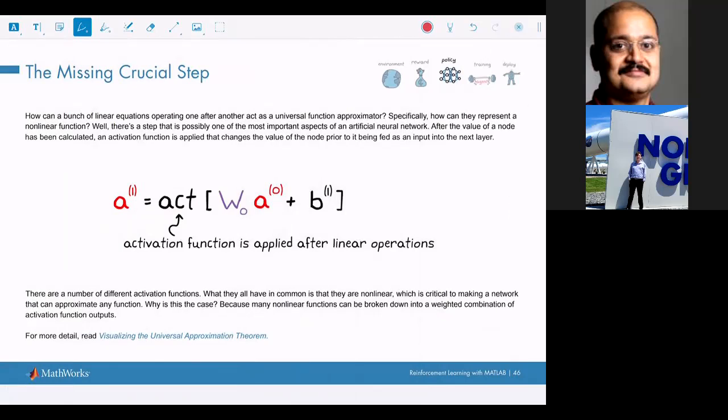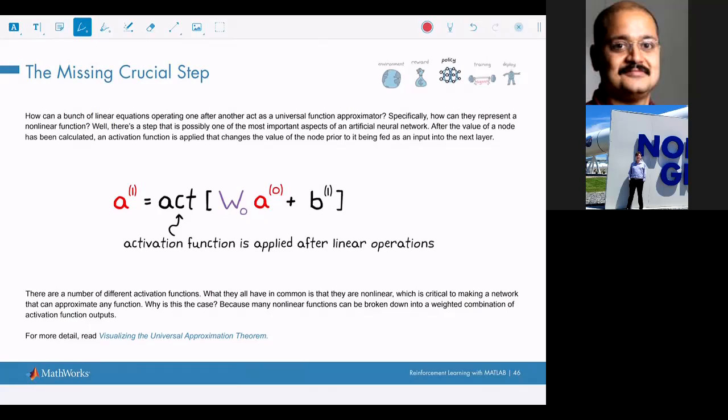The basic neuron structure is you have a weight, W, that's a number. You have A, which is the input from the previous layer. And what you have is a bias weight. So can you see W naught is the weight, A is the previous input, and B is the bias.